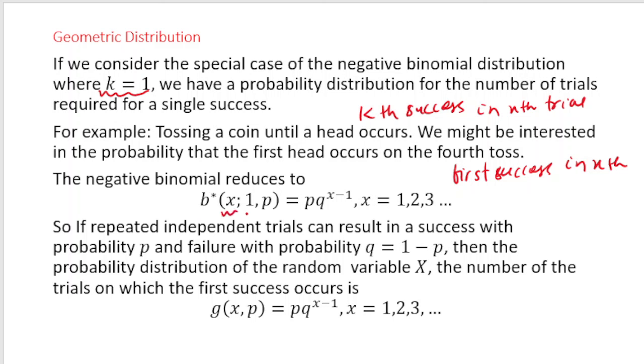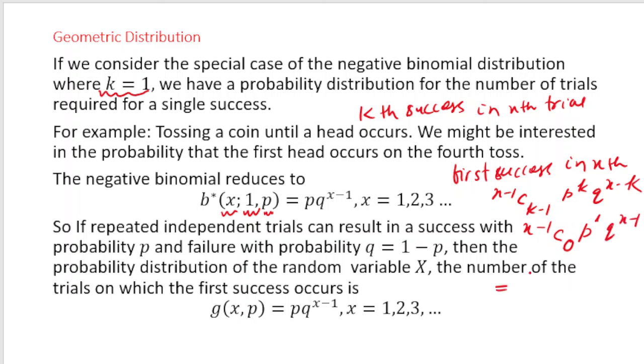The number of trial x, the number of success we want is 1, the k is 1, and the probability here is p. So earlier it was x minus 1 c k minus 1 and p to the power k q to the power x minus k, if you remember. Now if you take k is equal to 1, it will become x minus 1 c 1 minus 1, so that is equal to 0, and p to the power 1 success, so p to the power 1 and q to the power x minus 1.